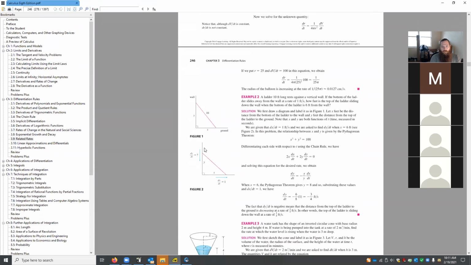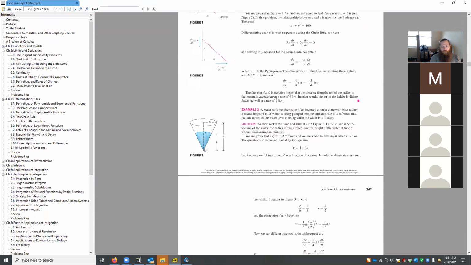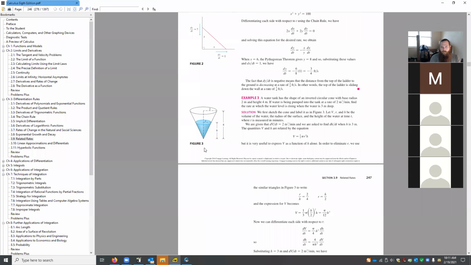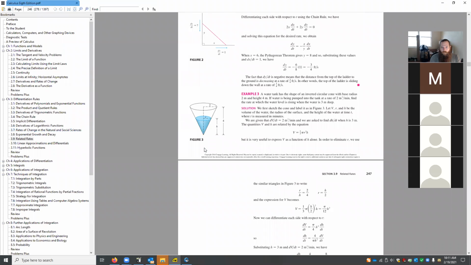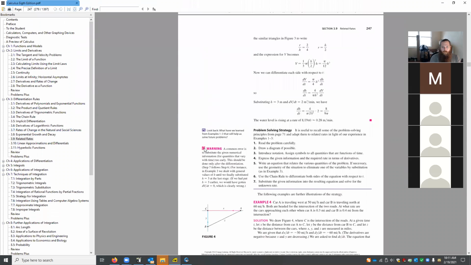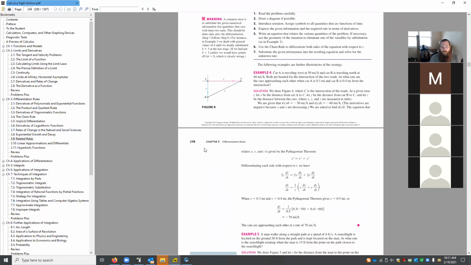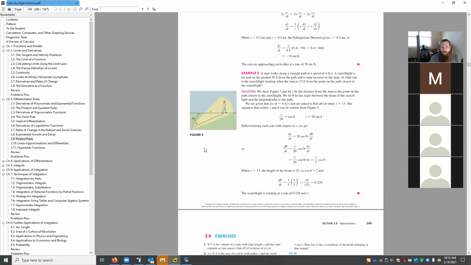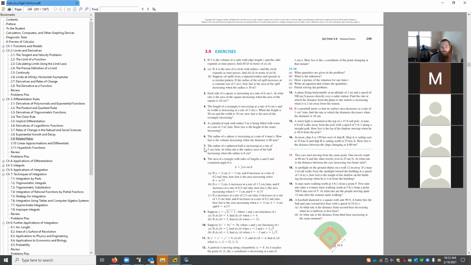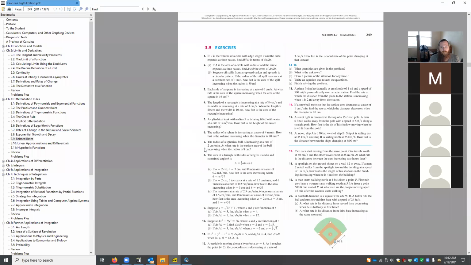So let's come in here. We did the ladder problem on Wednesday, right? We can do the cone one. There's a more fun one here, I think, somewhere. Yeah, let's do one with some trigonometry. Let's look for a challenging one.